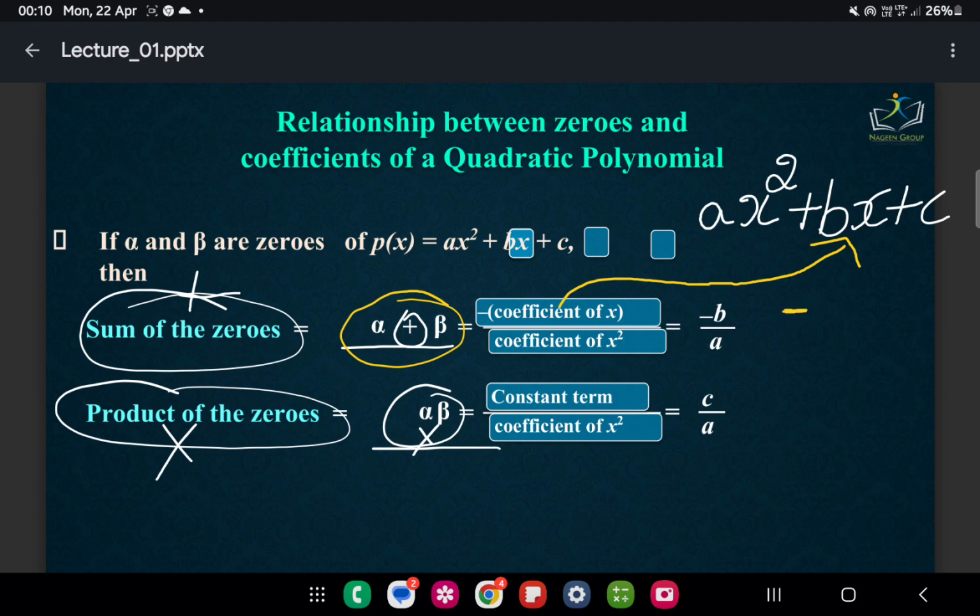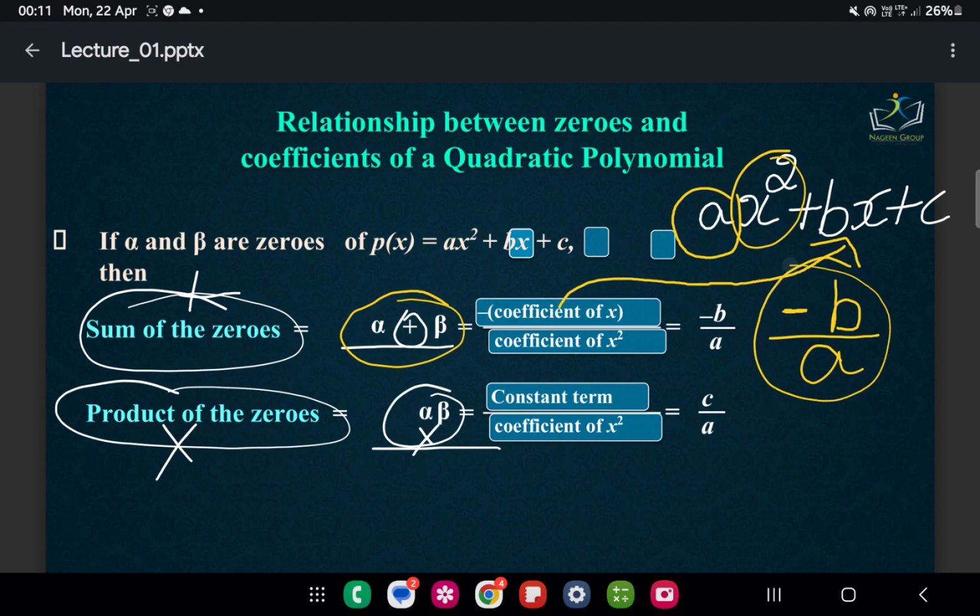Alpha plus beta equals minus of the coefficient of x, which is b, divided by the coefficient of x square, which is a. So alpha plus beta equals minus b by a.